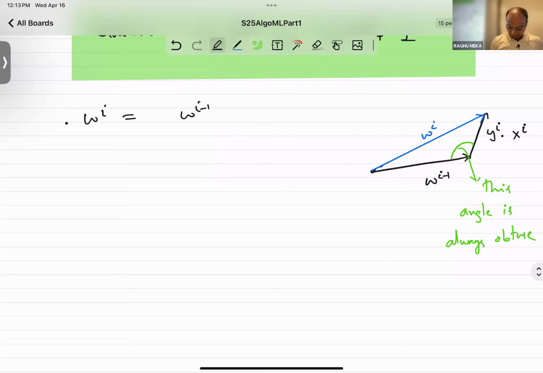Again, we have exactly the formula for the update. So we can calculate the norm squared, which is the inner product of the vector with itself.